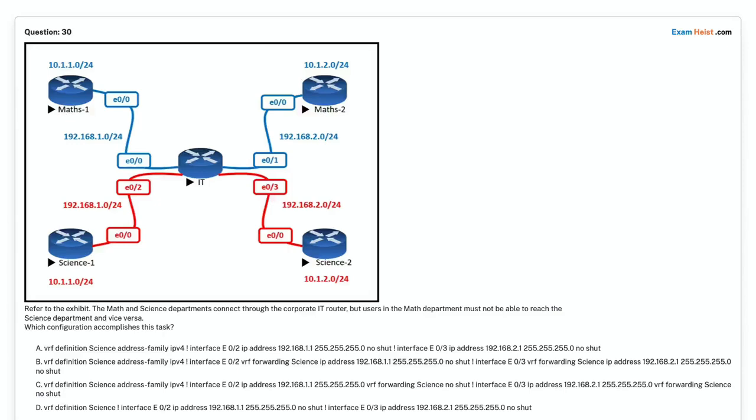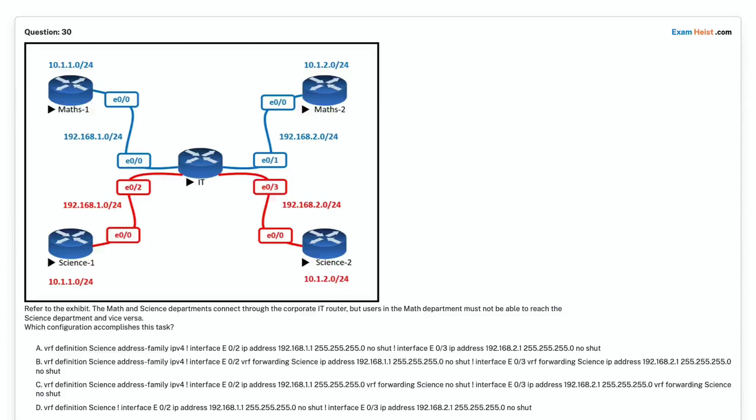Option C. VRF definition Science, address-family ipv4. Interface Ethernet 0/1, ip address 192.168.1.1 255.255.255.0, vrf forwarding Science, no shut.